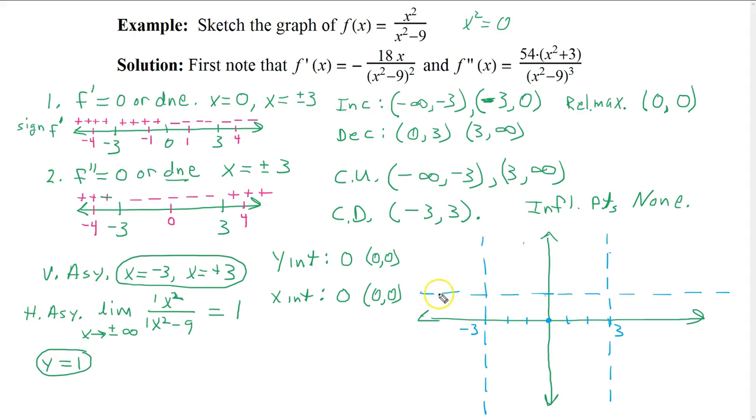This is a horizontal asymptote, so it has to hug this line out here, this dotted line, and as we come towards a vertical asymptote here, we're either going to break up or break down. Well, we have to stay increasing and we have to be concave up, so we are going to have to break upward.